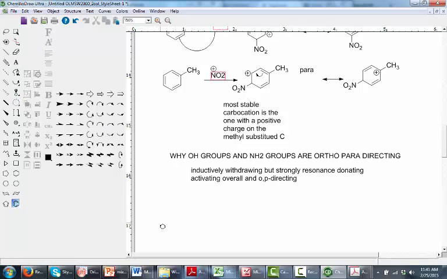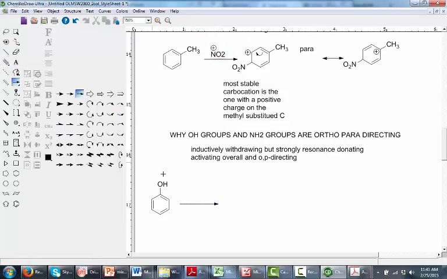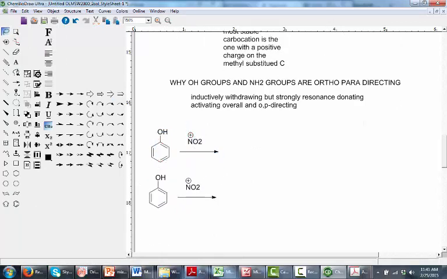If I look at phenol, for example, that's this compound here, this OH phenol, and I look at adding a nitro group to this compound, I can do the same sort of discussion that I had for toluene, by which I mean, let's see what the resonance forms are for adding ortho and meta and para.